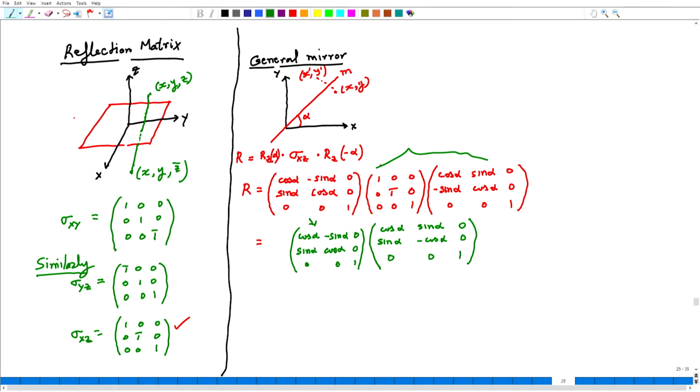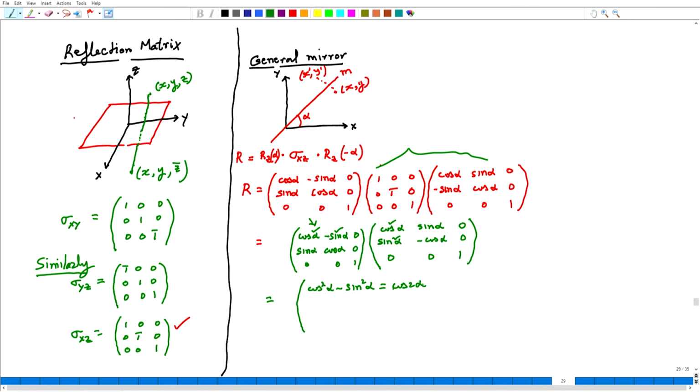Now, do the multiplication again: first row of the first matrix into first column of the second matrix. So, cos alpha, minus sin alpha, 0 into cos alpha, sin alpha, 0. This gives the first element of the resulting matrix. Cos alpha into cos alpha is cos square alpha, minus sin alpha into sin alpha is minus sin square alpha, and the third product will be 0. So, I will have cos square alpha minus sin square alpha, which is nothing but cos 2 alpha.